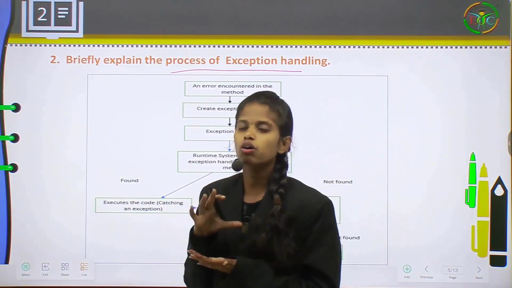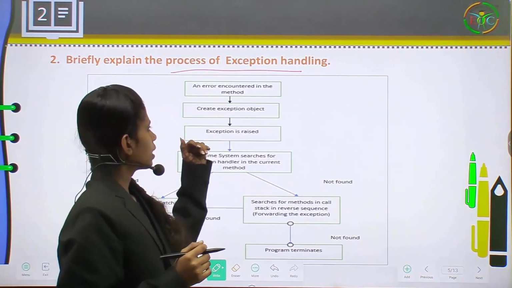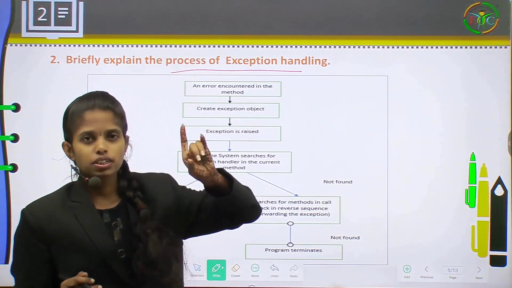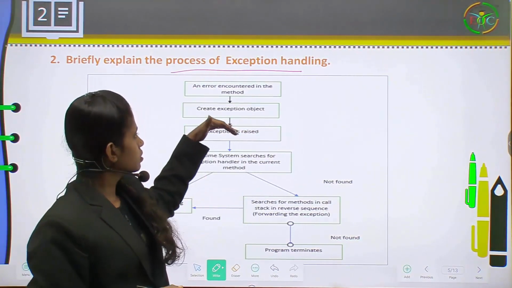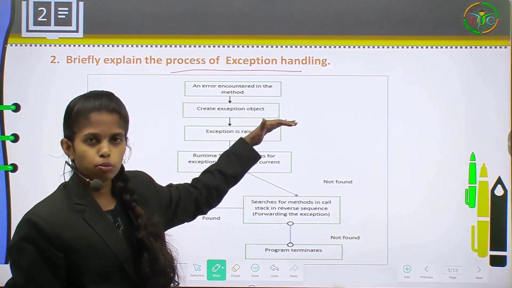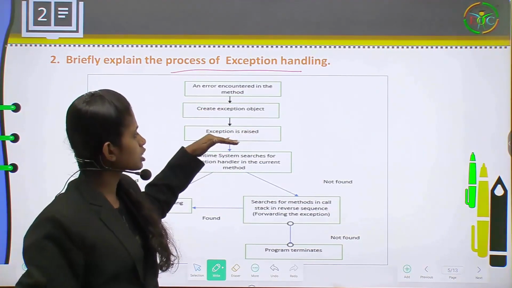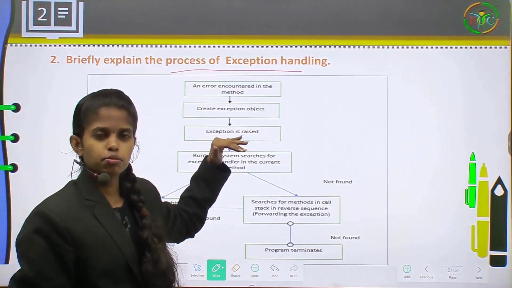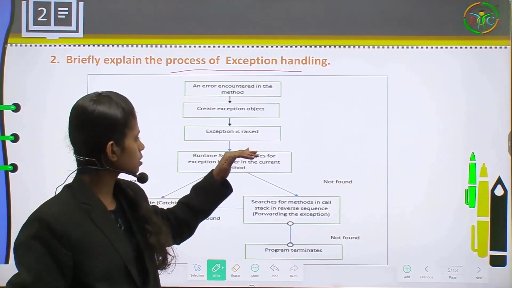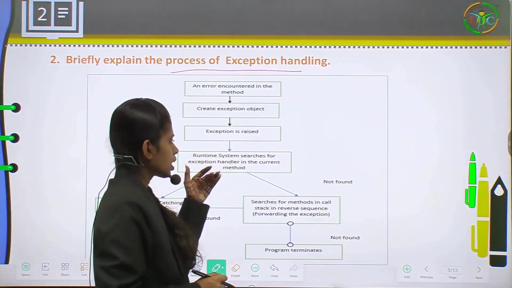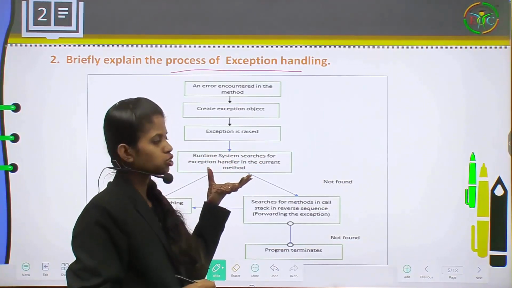In any block of the program, if an error is encountered, then what will happen first is a Python object will be created, which is called an exception object, and after creating the object, the exception is raised. Means it will notify that the exception has occurred. And after that, once an exception is raised, what should the runtime machine do?